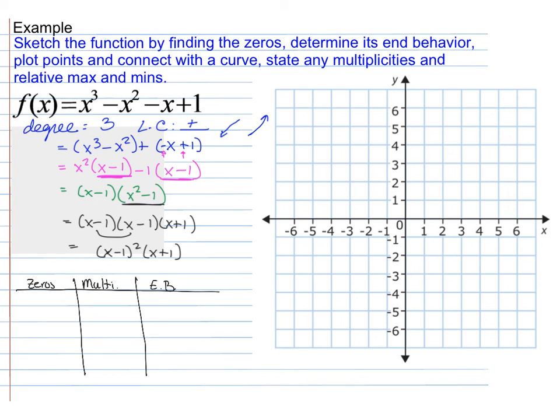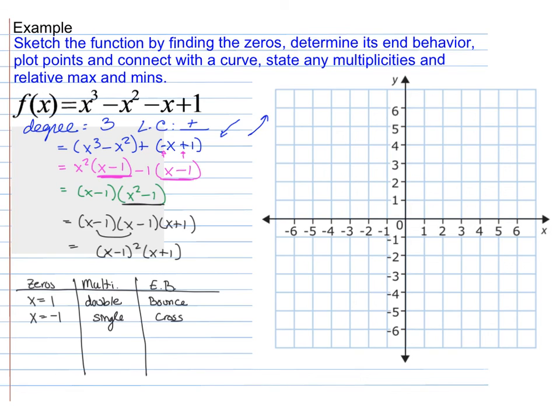So I'm going to have x equals 1, and that would be a double because I have 2 of those. That means it bounces. Okay. Then I have x equals negative 1, and that would be a single, and that means it crosses.